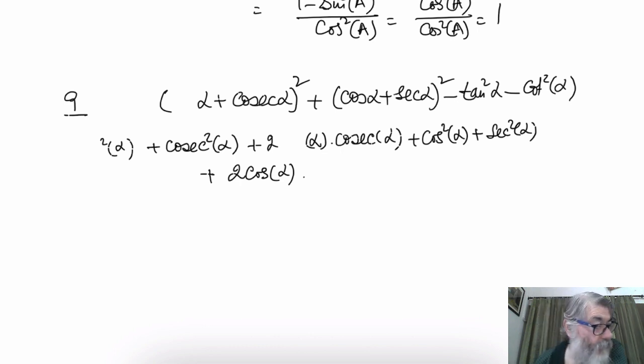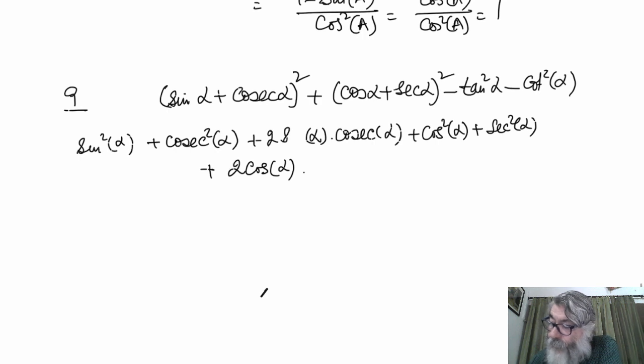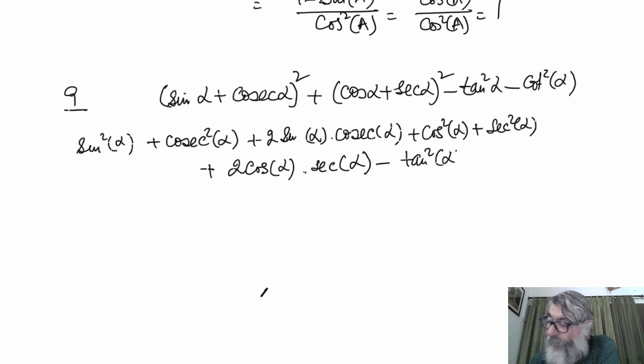It is sine alpha, so it will become sine square alpha plus cos square alpha, plus 2 sine alpha and cosec alpha, plus 2 cos alpha and sec alpha, minus tan square alpha minus cot square alpha.